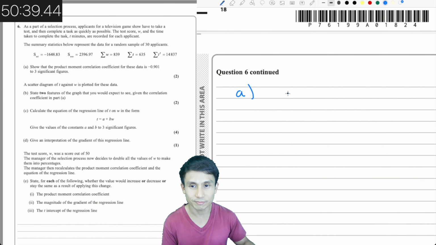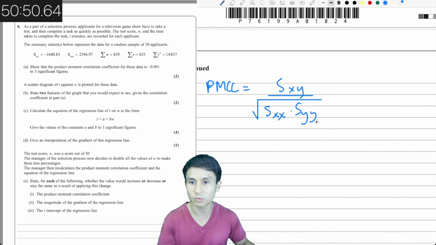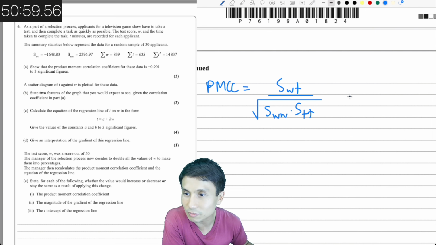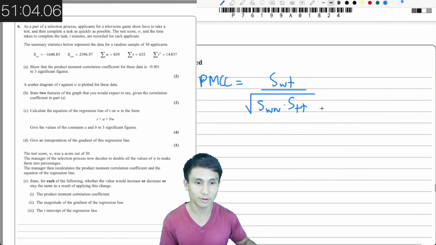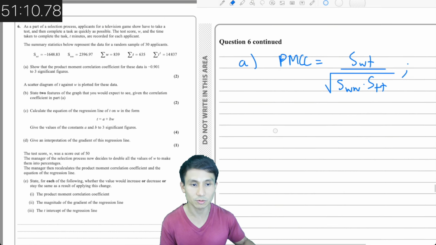So PMCC is SXY divided by the square root of SXX times SYY. Do we have everything? This would have been SWT, and SWW, STT. We have SWT, we have SWW, but we don't have STT. So let's do STT down here.